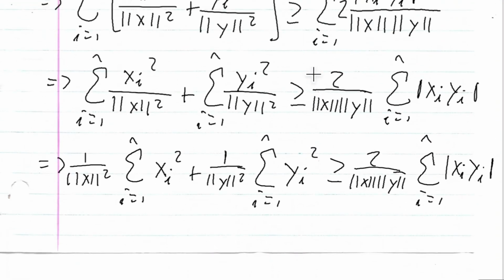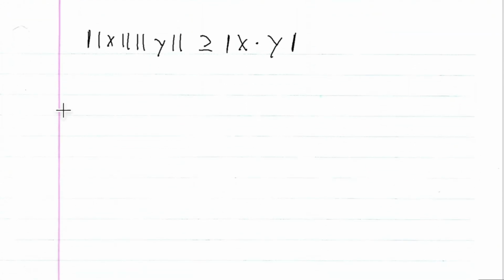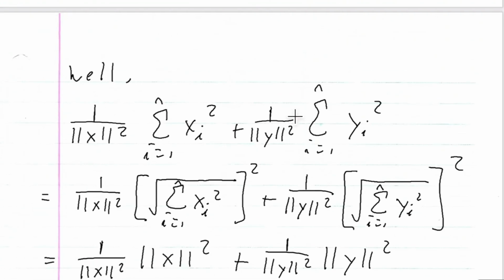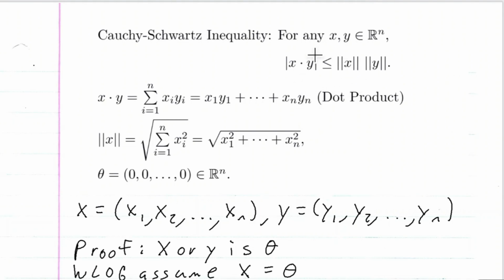And that's exactly what we wanted to show, all the way up here. We can rewrite it as the absolute value of x dot y is less than or equal to the norm of x times the norm of y, when both of them are not the zero element in R to the n. And that is Cauchy's inequality, which is useful for later discussion on metric spaces.